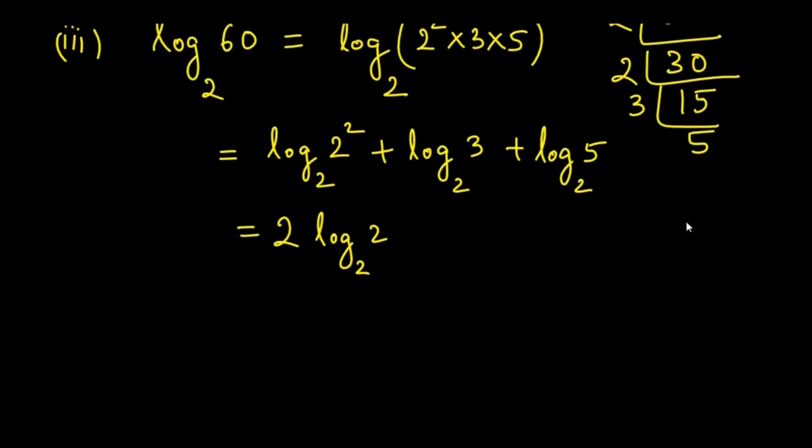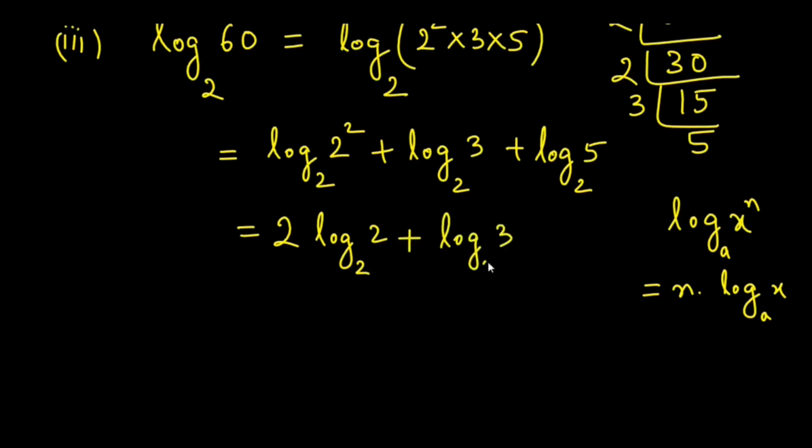Power rule is log of x power n to the base a is equal to n into log of x to the base a. So this can be written as 2 into log of 2 to the base 2 plus log of 3 to the base 2 plus log of 5 to the base 2.